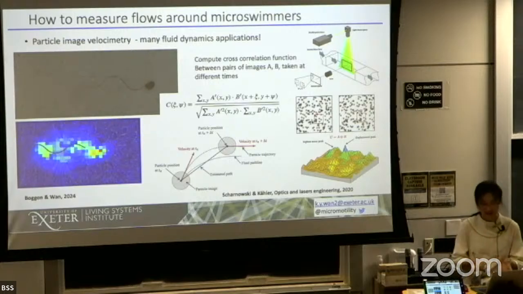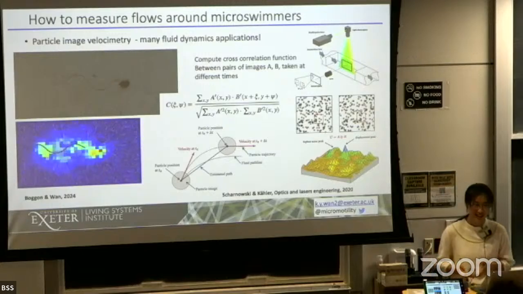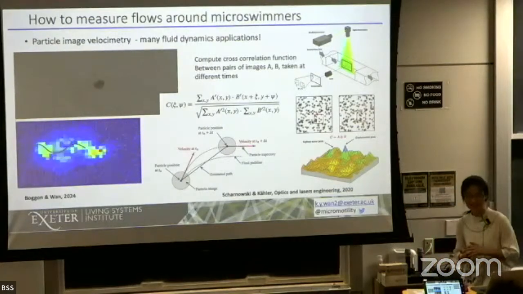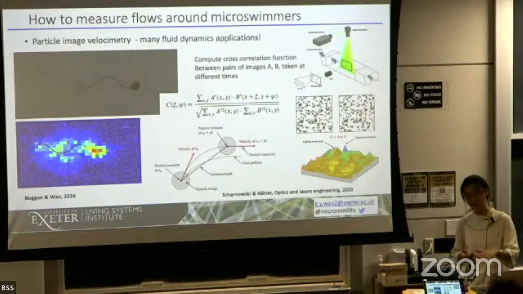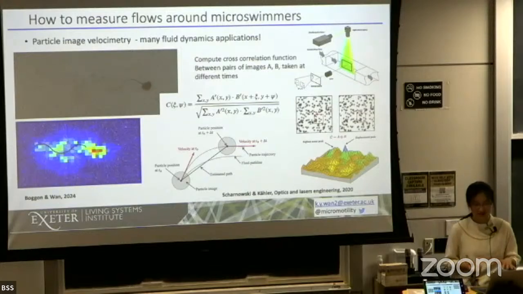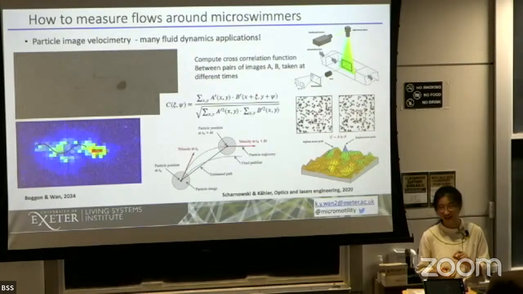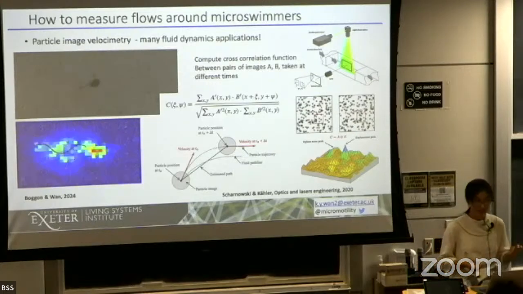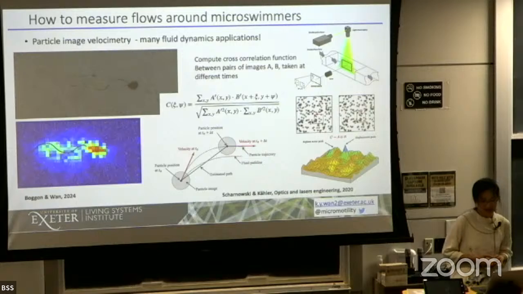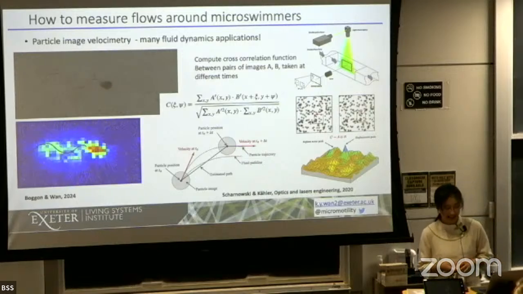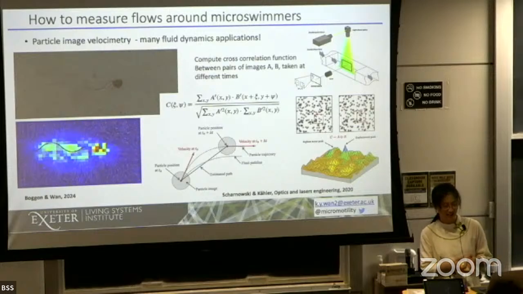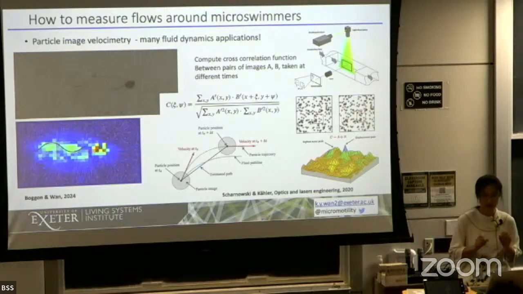But if you're in a microscope, then maybe you don't have access to a laser sheet, but nonetheless, the nature of how a microscope works allows you to focus primarily on a very thin layer of fluid. In either situation, you end up with a sequence or a movie consisting of a series of images that contain the positions of particles that you seed in the fluid.